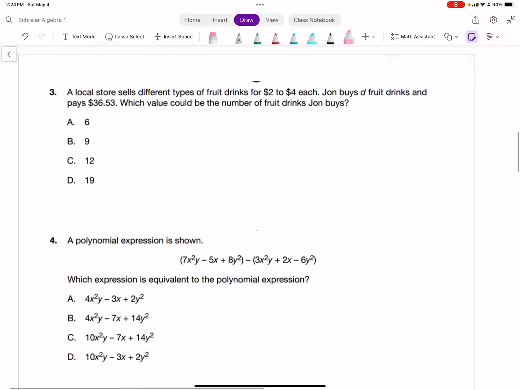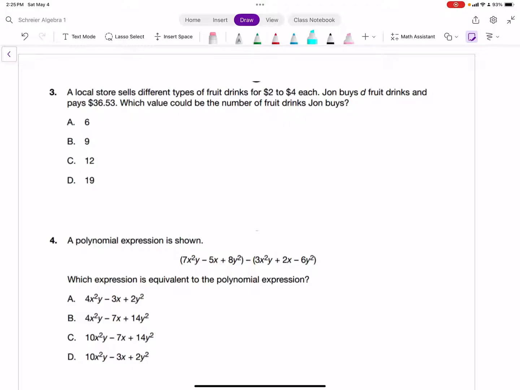Okay, so we have a local store and it sells different types of fruit drinks for $2 to $4 each. John buys D drinks, so we don't know how many drinks he buys, and he pays $36.53. Which value could be the number of fruit drinks that John buys? Let's look at the extremes of the situation.